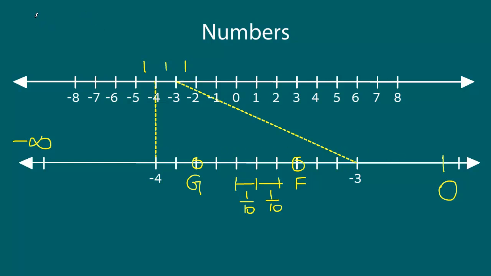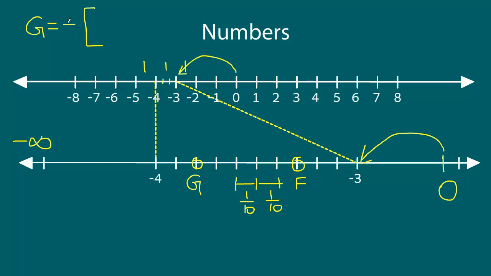So let's do point G first. To get to point G, we have to first get to -3. So it will be exactly the same as the right side, except we have to put the negative sign in front. So let's put the negative sign here and let's then put everything in a big bracket. So we have to get to 3 units. So from 0, again, my points G and F are basically in between -3 and -4, right? So to get to these 2 points, I have to first go from here to -3.